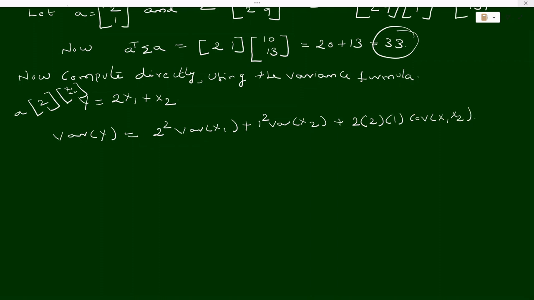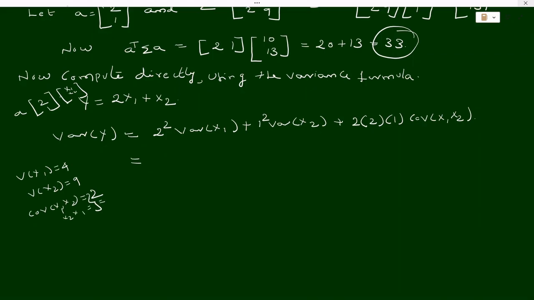So this will be the variance. Here, what we have written is the expectation value. The variance of x1 is 4, the sigma values we have taken. Variance of x2 is 9, and covariance of x1, x2 is equal to 2. Covariance is symmetric, therefore x2, x1 is also 2.